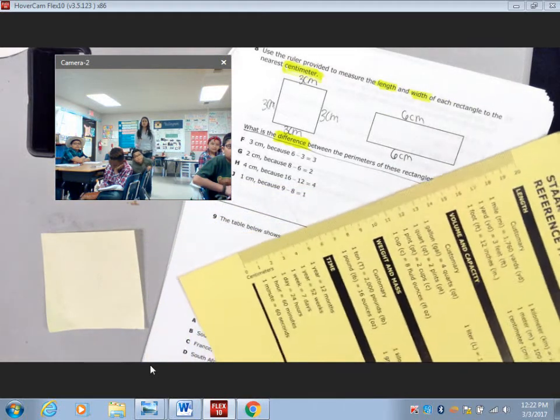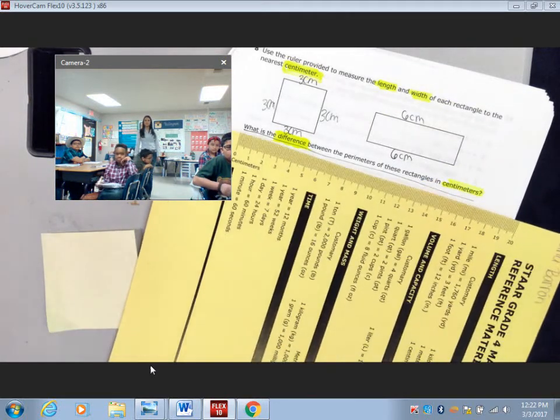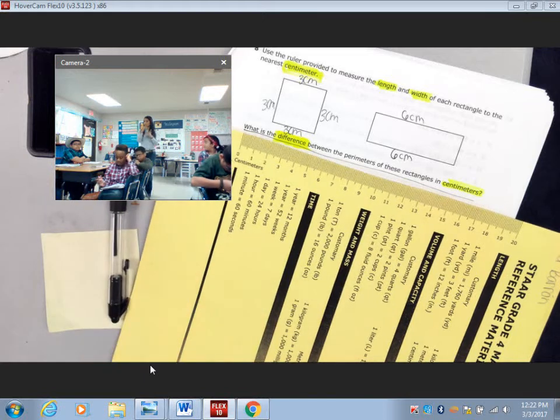Very nice. How did you know without measuring it to label the other side 6 centimeters? Because the length, the width is equal. Very good. Opposite sides are congruent, right? Okay.